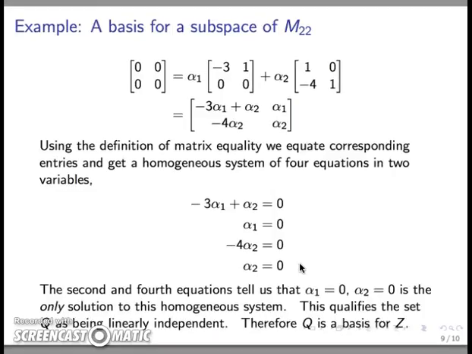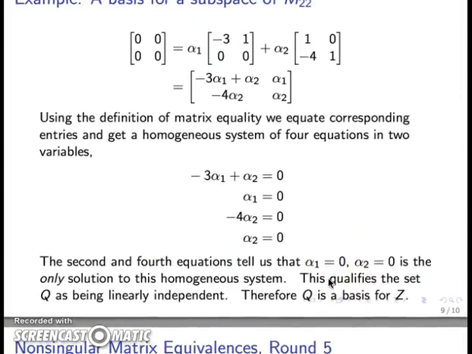In other words, we conclude that Q is linearly independent, and since we had already established that Q is a spanning set, then we conclude that Q is indeed a basis for that subspace.